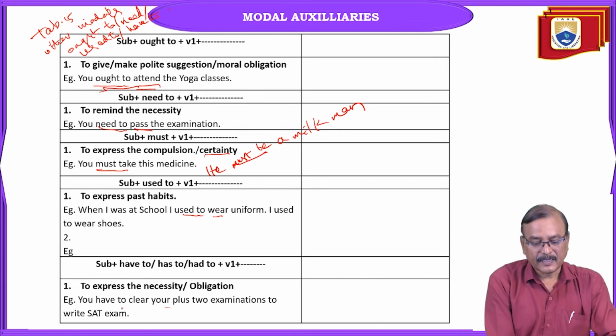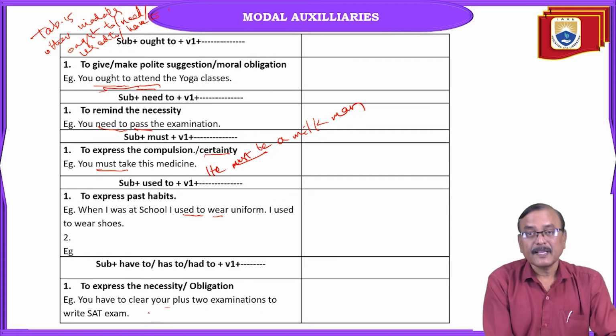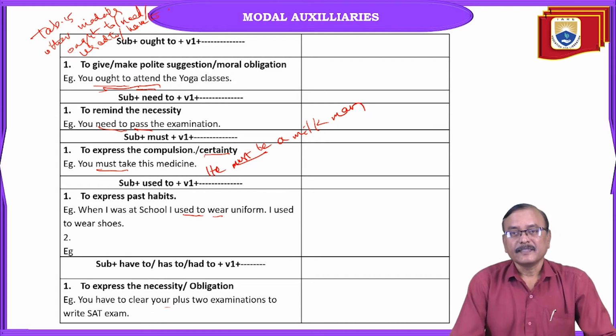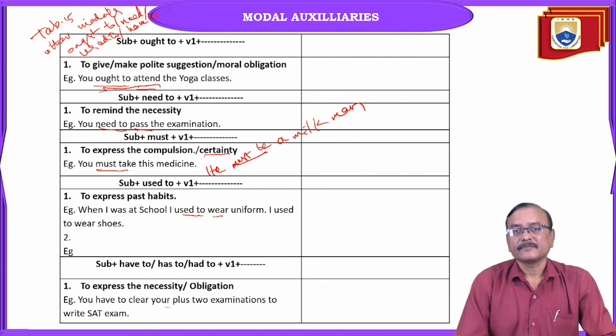You have to clear your +2 examinations to write the SAT exam. It means there is a necessity. You are not eligible unless you clear your +2 exams.